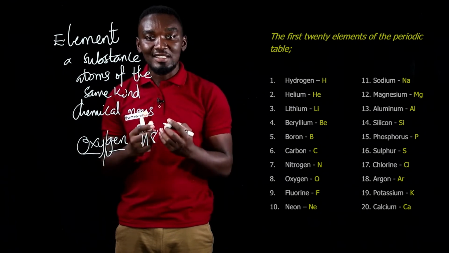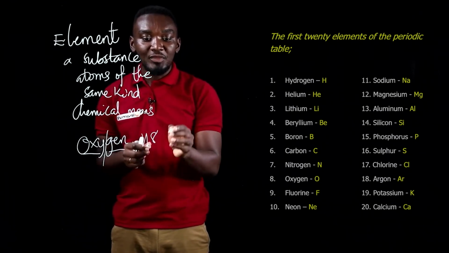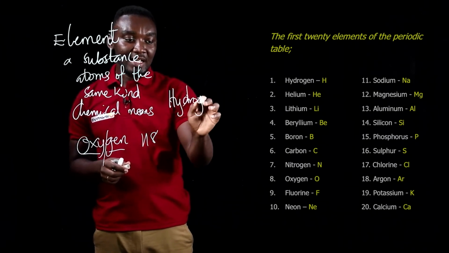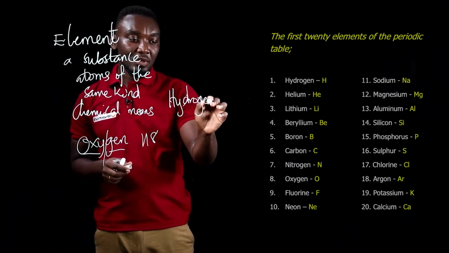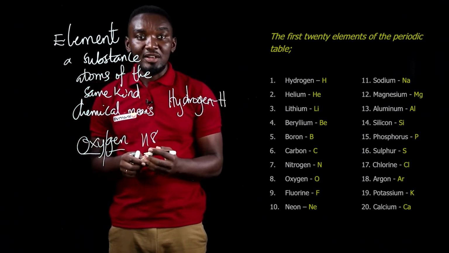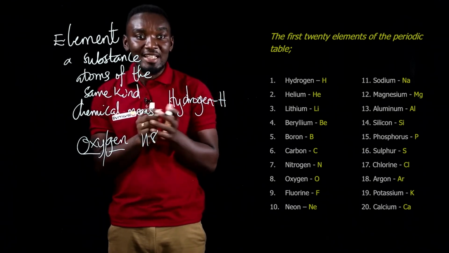Now, when you look at the elements, they come along with their symbols. For example, hydrogen has the symbol H. Helium is He. There are certain special elements that are given symbols based on their Latin names.